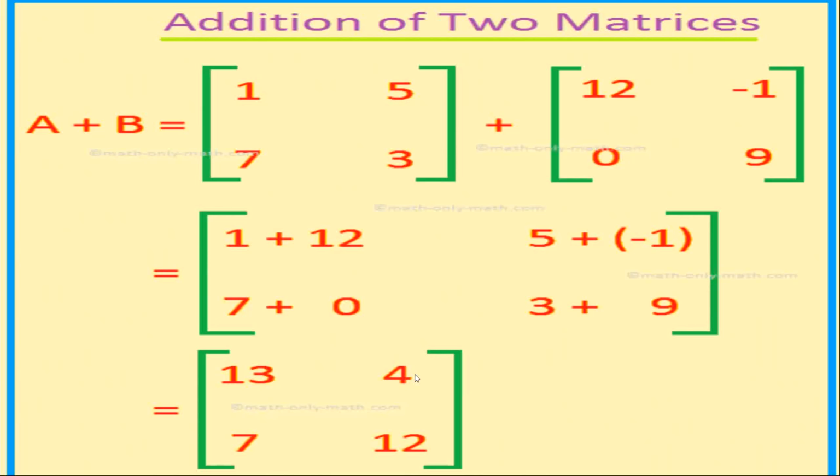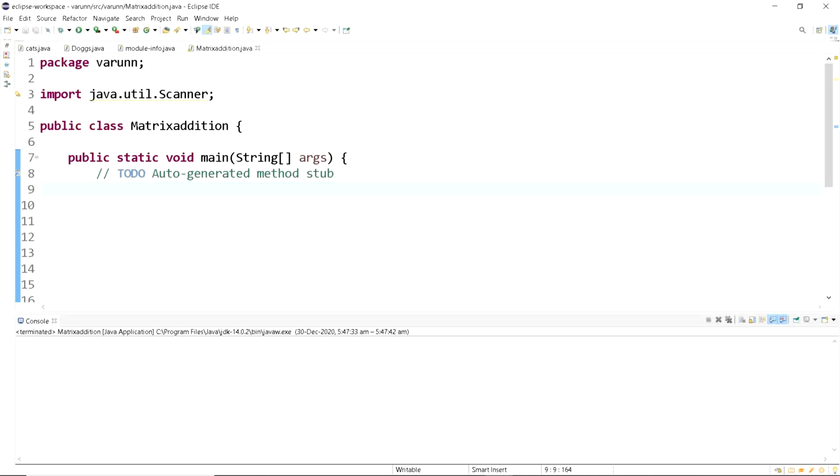It's that simple. Create 4 variables A, B, C, D. Now we'll create a scanner class.